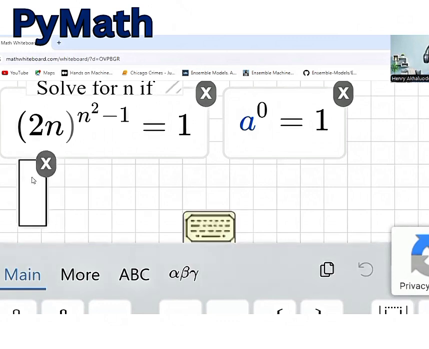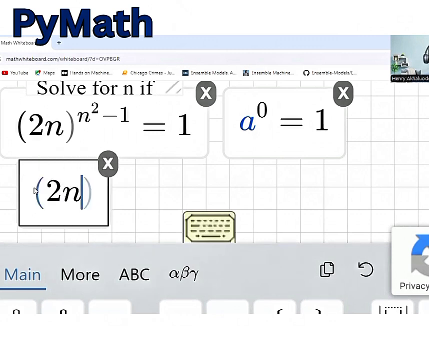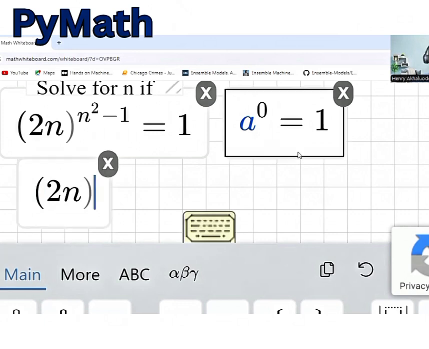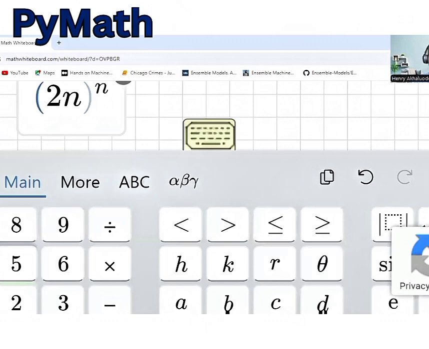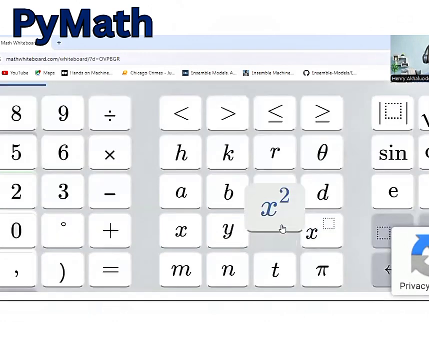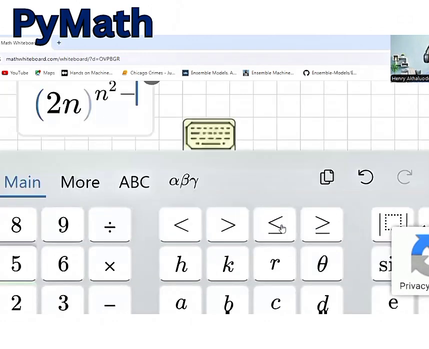Now, with that in mind, we would apply what we just said so we can rephrase this indices equation into that form so we can be able to solve it. So we'll have, in brackets, 2n to the power of n squared minus 1 equals 1.